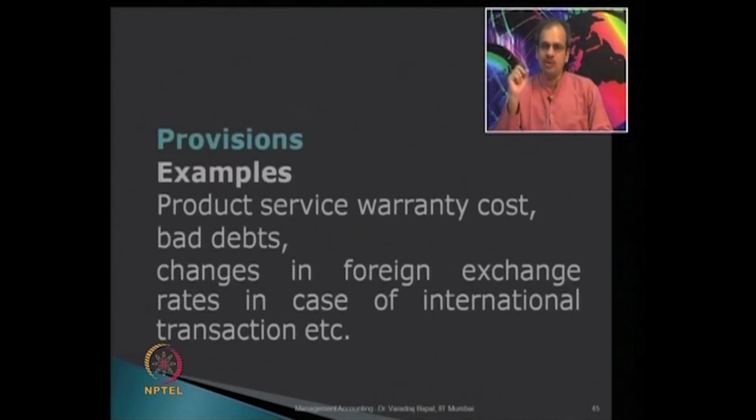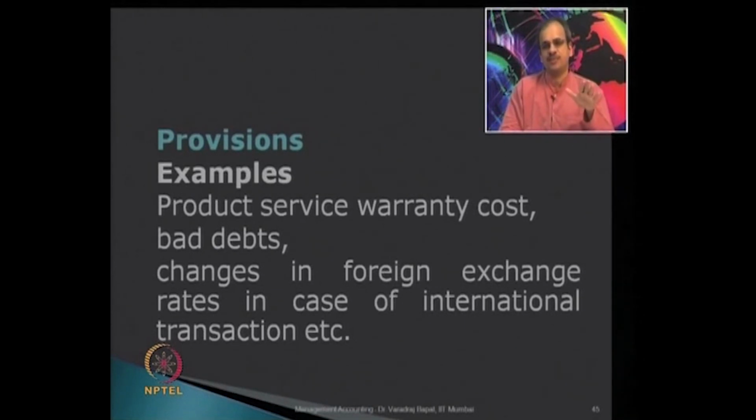Some more examples of provision. One is product, service, warranty cost. Let us say we have sold a product and we give a warranty for the next 3 years. If any fault occurs in the next 3 years, the manufacturer will have to repair it without any charges.